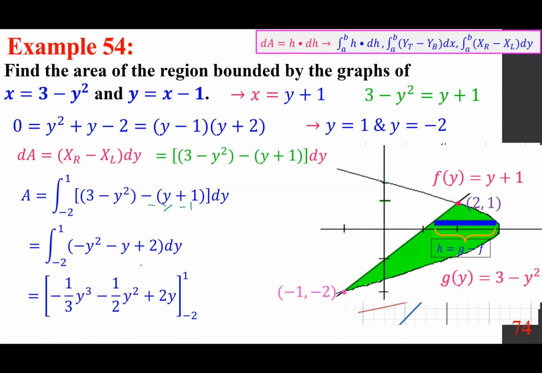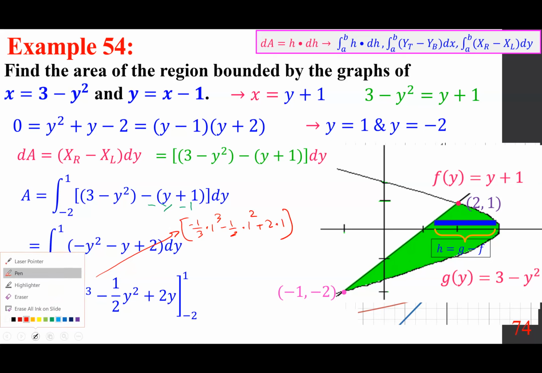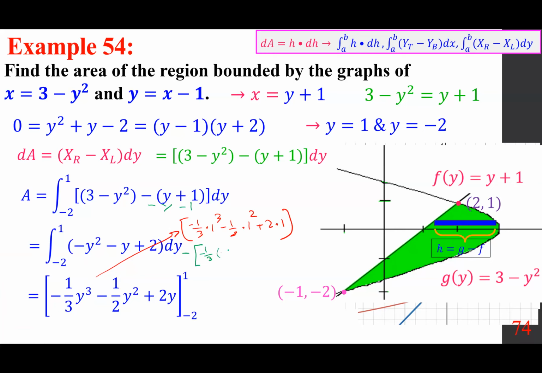So here's what's going to happen. Negative 1/3 times 1 cubed minus 1/2 times 1 squared plus 2 times 1, minus negative 1/3 times negative 2 cubed, minus 1/2 times negative 2 squared, plus 2 times negative 2.